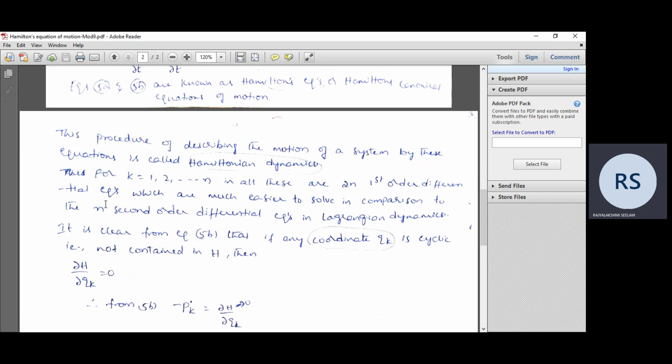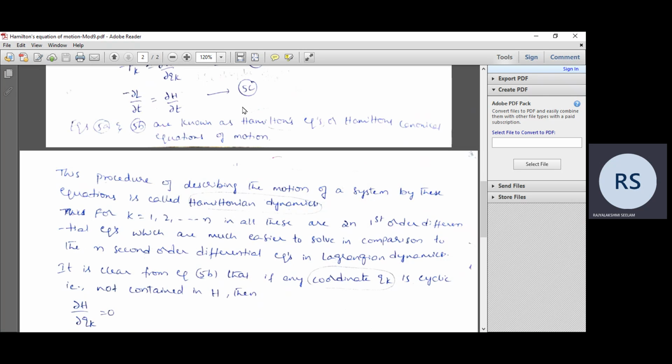So this procedure of describing the motion of the system by these equations is called Hamiltonian dynamics, for k equals 1, 2 and so on, up to n.